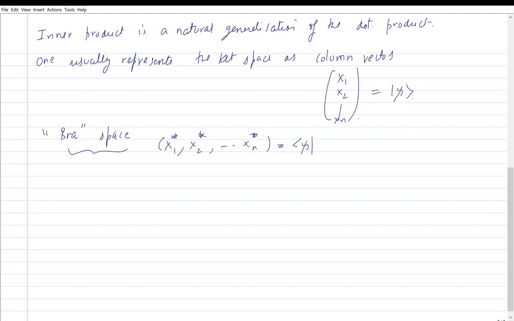So to calculate the probabilities, we need the formalism of linear vector spaces, the bra space, the ket space. Just defining the bra space this particular way lets us define the norm or the length of these vectors, because ultimately we are physicists, we'll be dealing with lengths, which is the norm of the vector.